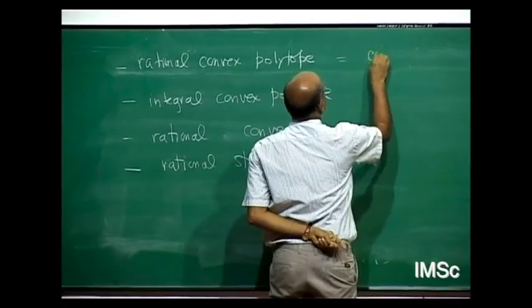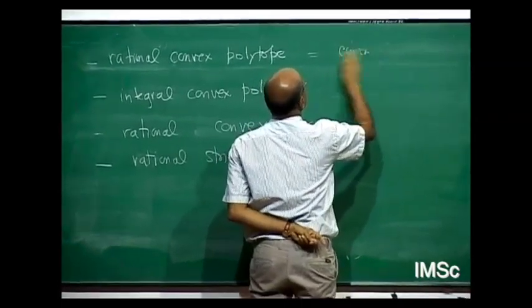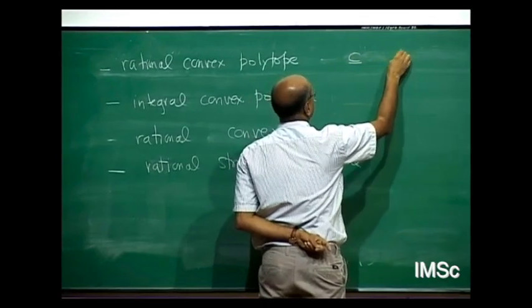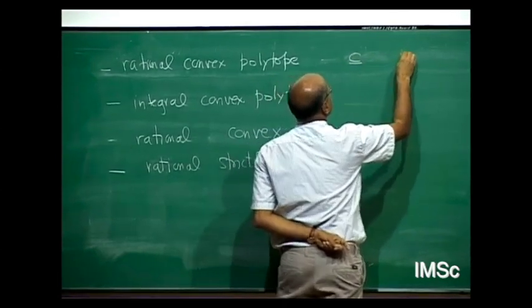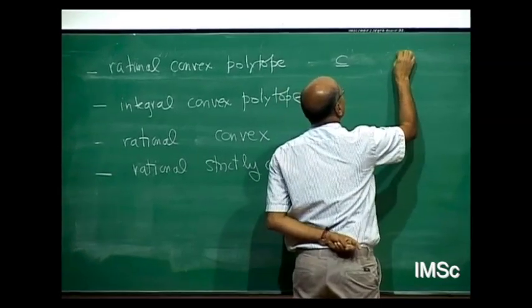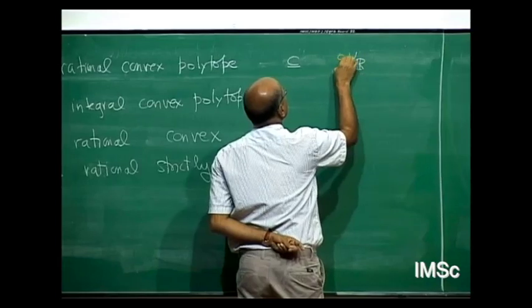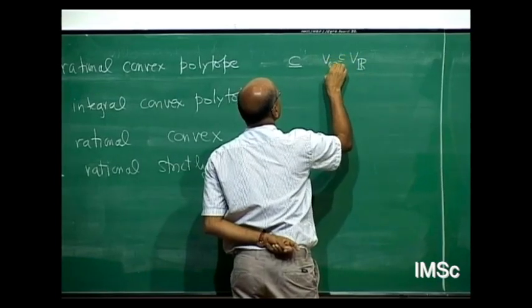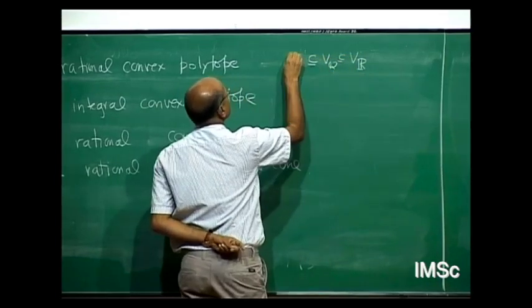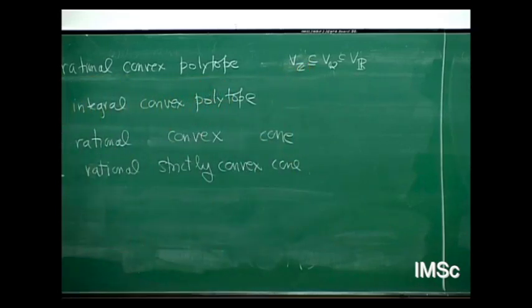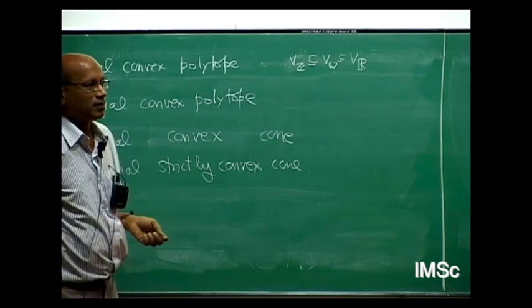So these are all subsets of some vector space VR, and inside that there is VQ, and inside that there is VZ. So there is an integral structure on the vector space, which means that you are just given a lattice inside the vector space.